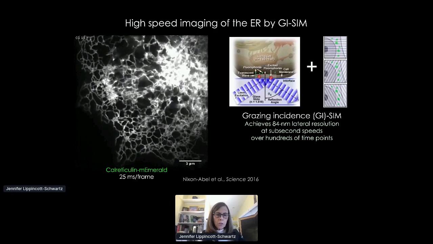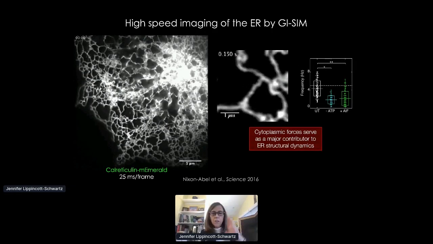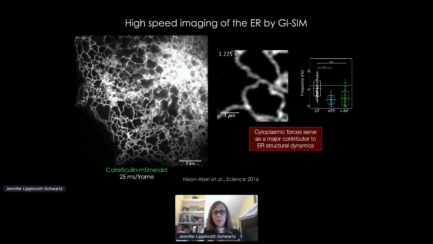And when you do that, what you see is that the tubes that comprise the ER in these peripheral regions are undergoing oscillatory motion. That in turn drives changes in the position of these three-way junctions, such that they can collapse together into what we call ER matrices.